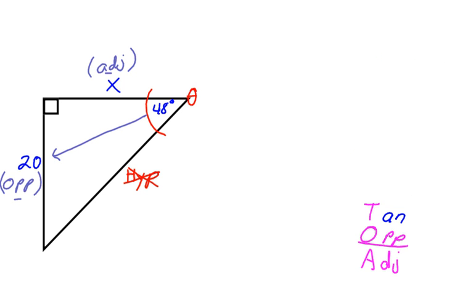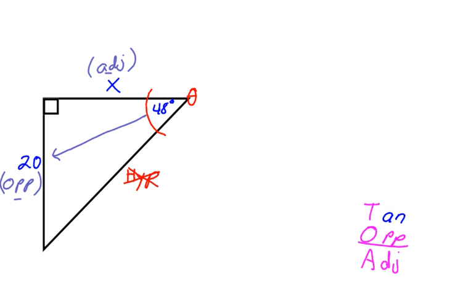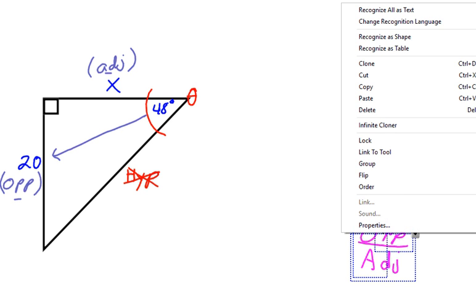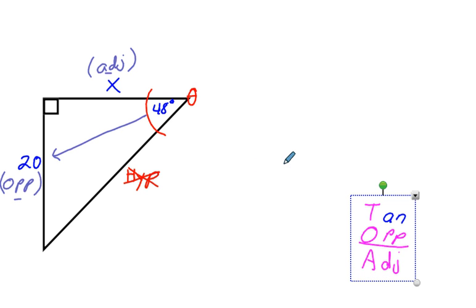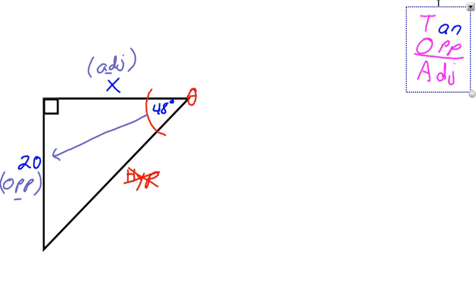I'm going to select all of this and group those all together. I guess that didn't work, so let's try it again. Let's select all of them. Group and group. Now it's all one piece, so I can just slide it up here.